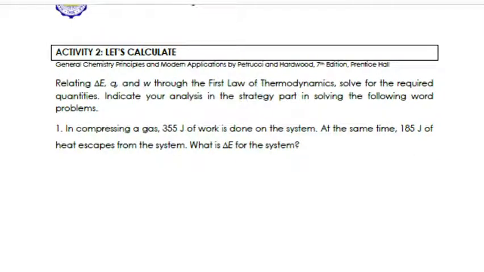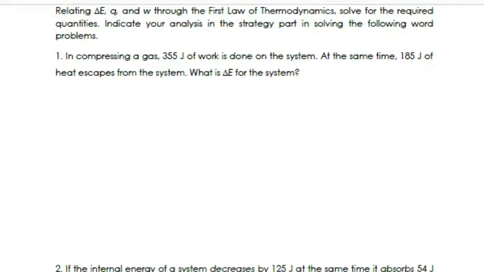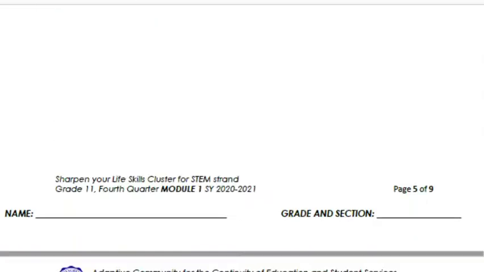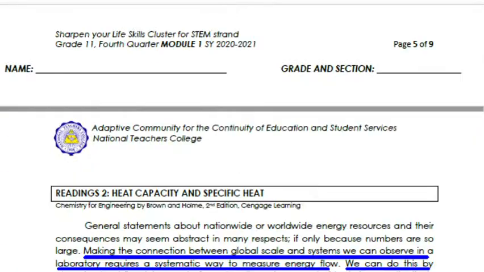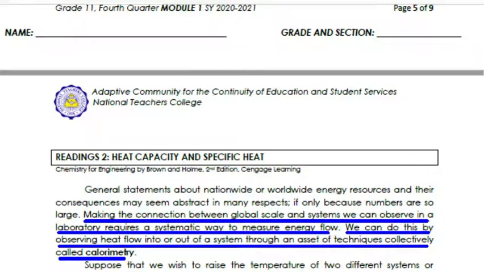For activity 2, we have two problems to solve, and this is an application of relating delta E, Q, and W through the first law of thermodynamics. And then for readings 3, this is another way of computing or solving for heat using heat capacity and specific heat.